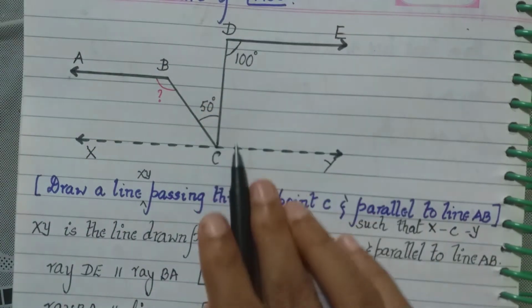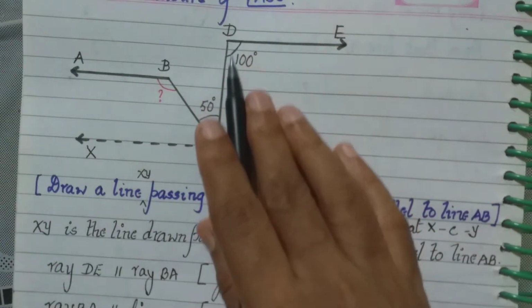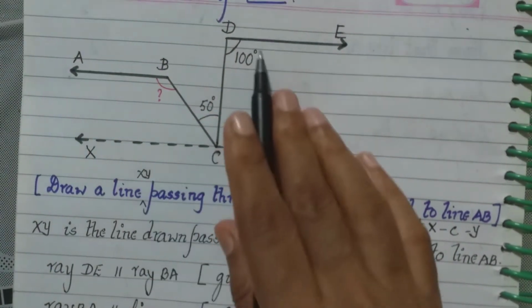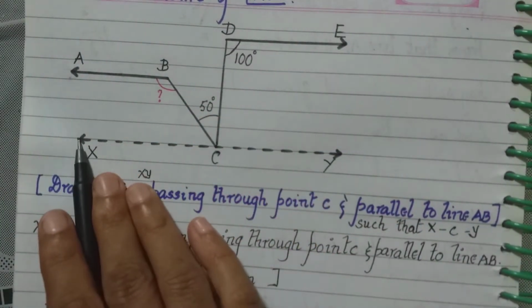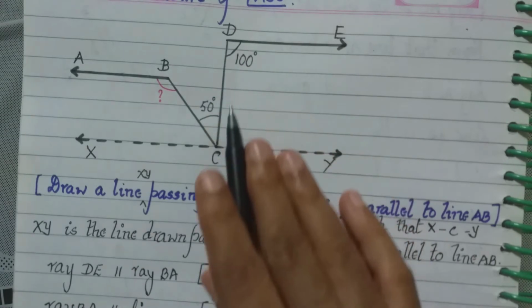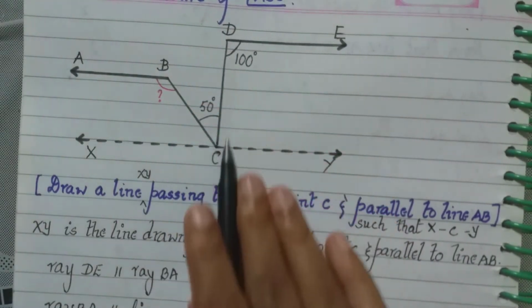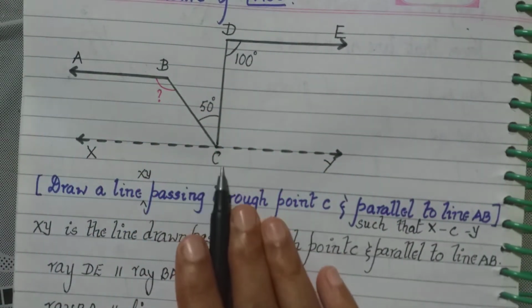Now you look at this angle DCX, it is formed by these two angles, angle DCB plus angle BCX. So angle DCX is formed by these two angles, angle DCB plus angle BCX.